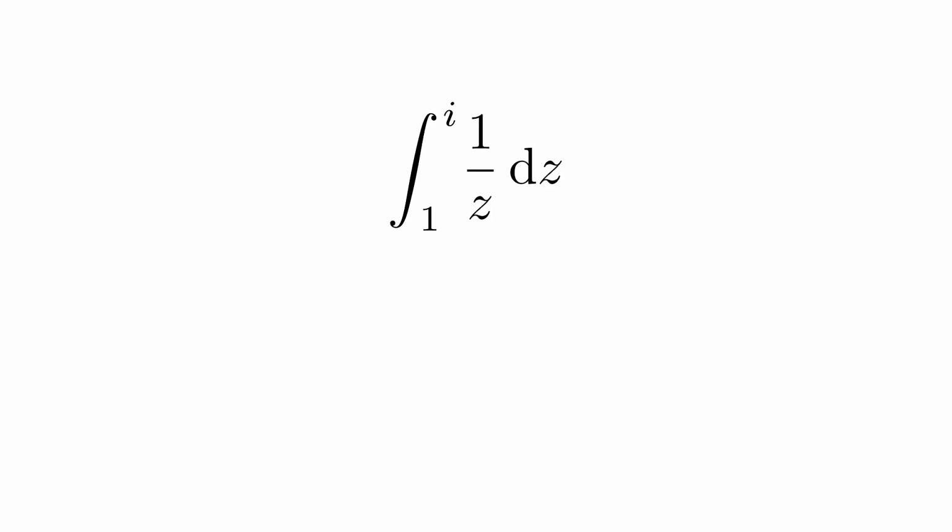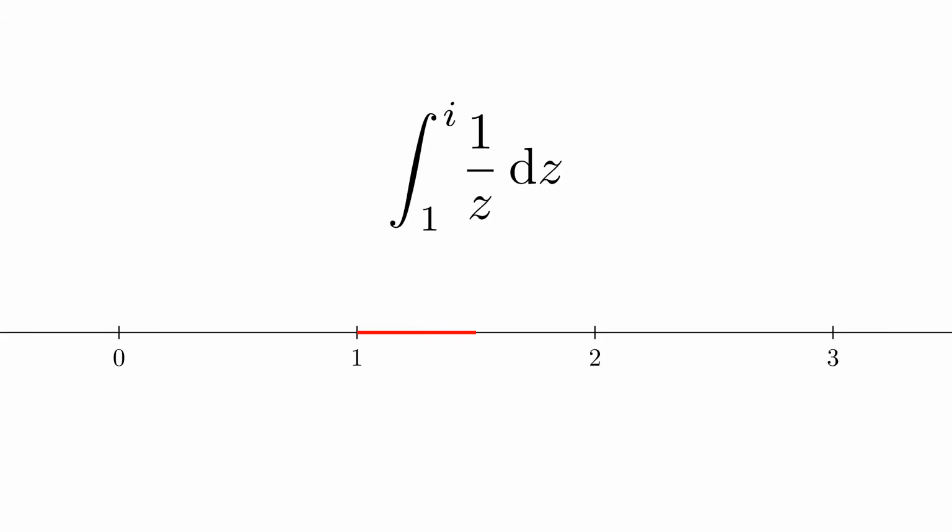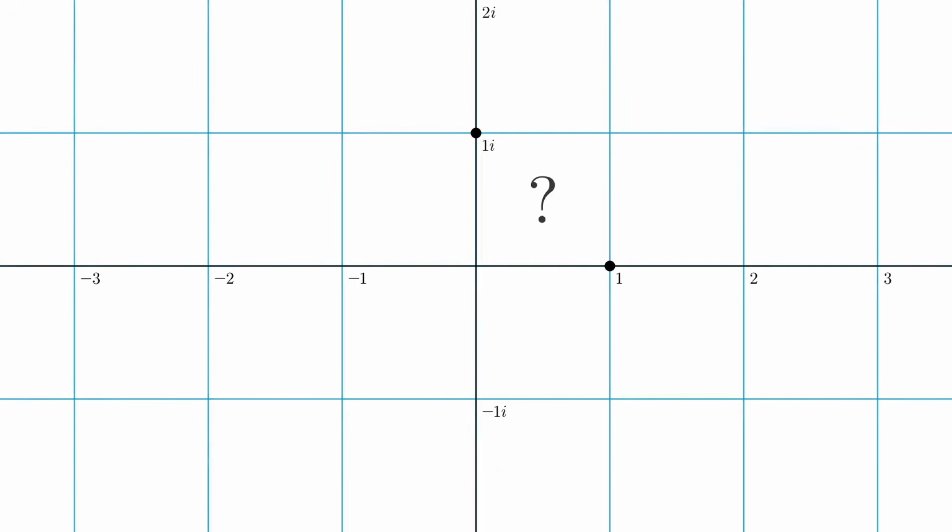While it makes sense to refer to the real numbers between 1 and 2, it does not make sense to refer to the complex numbers between 1 and i. This inability to talk about betweenness of complex numbers is a large part of what distinguishes them from real numbers.